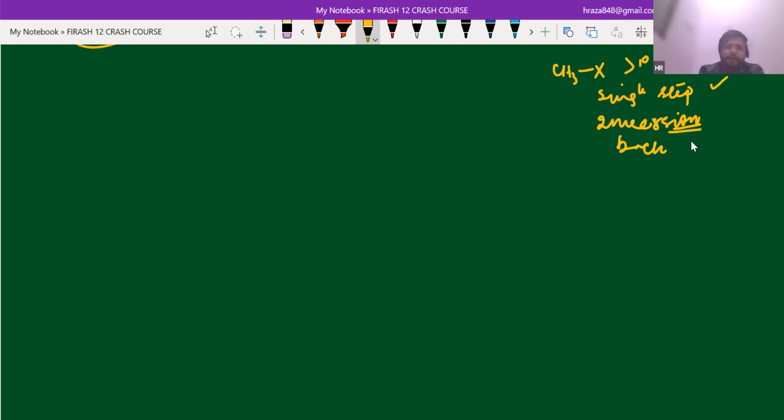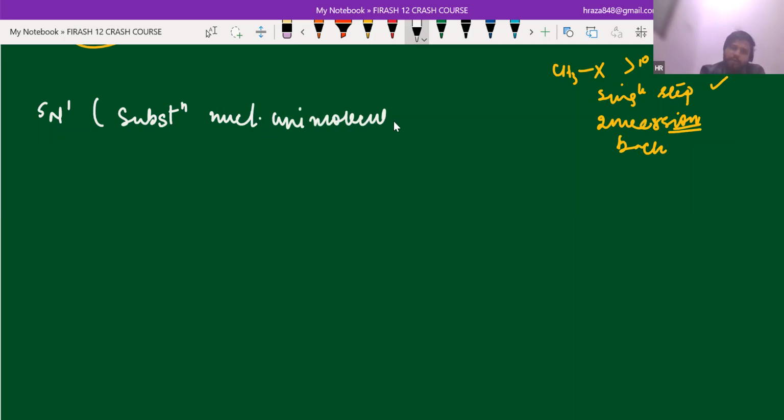Now come to the next point, that is SN1. SN1 is basically substitution nucleophilic unimolecular reaction. Unimolecular means a single reactant reacting. I'm going to show you in a single step, but this is a two-step reaction.